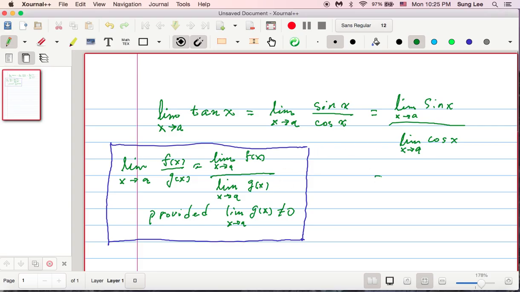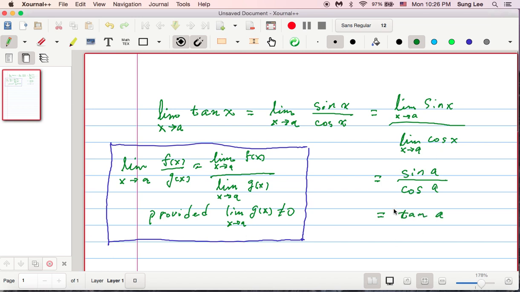Okay, so that equals, where we have already talked about, right? So we know what the limit of sine of x and the limit of cosine of x are. So the limit of sine of x when x approaches a is going to be sine of a over, likewise, cosine of a. Okay, so the limit of tangent of x when x approaches a equals sine of a over cosine of a, which is equal to tangent of a.